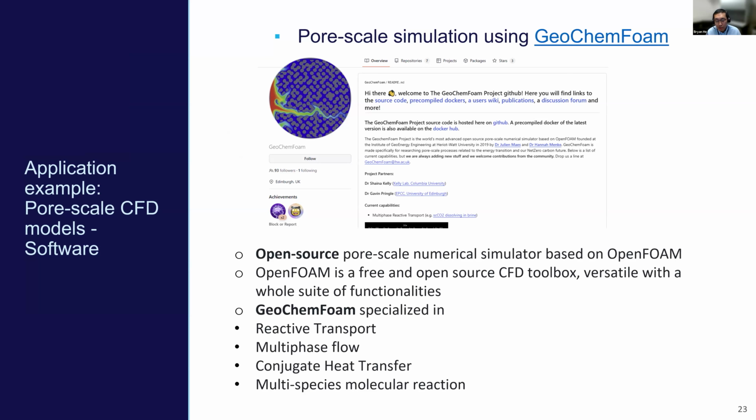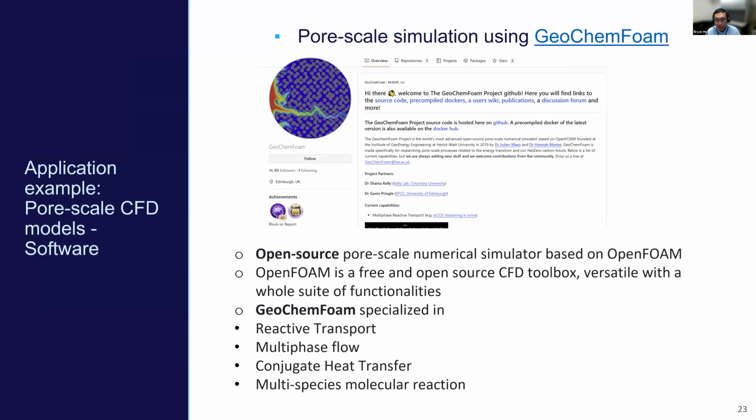This slide shows the software that I'm using. I'm using this one called GeoChemFoam. It is open source code developed by people from other universities. The reason I chose this one is, firstly, it's open source, and another is that it's built on OpenFOAM. OpenFOAM is a very versatile numerical tool.